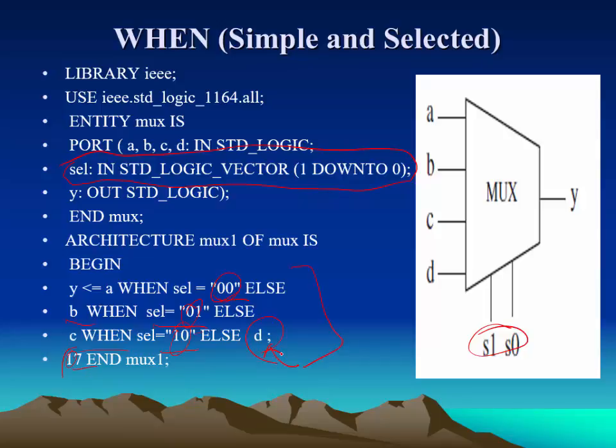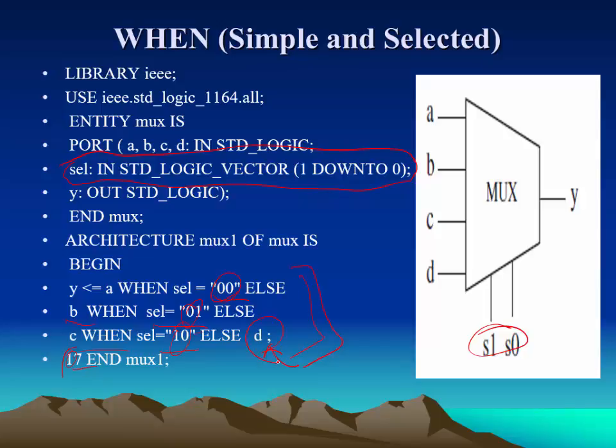Y receives the value of A when select is equal to 0, 0. Else, B when select is equal to 0, 1. Else, C when select is equal to 1, 0. Else, D, end of statement. The semicolon is the end of the statement. This can be written as one long statement.